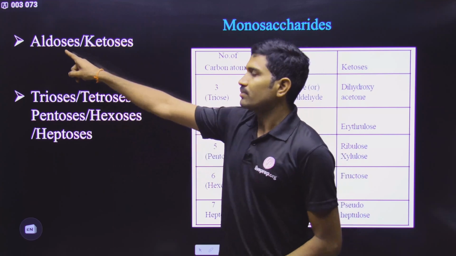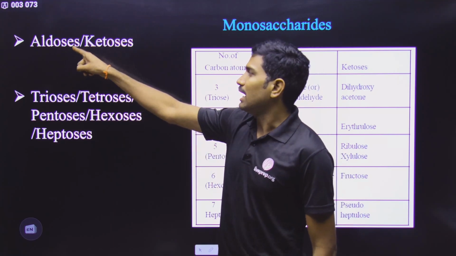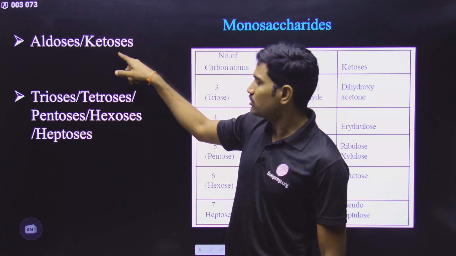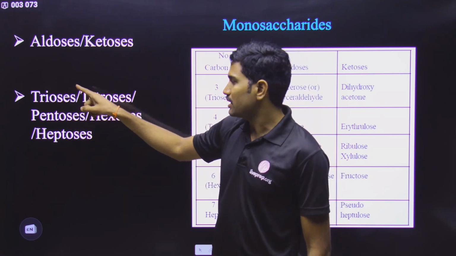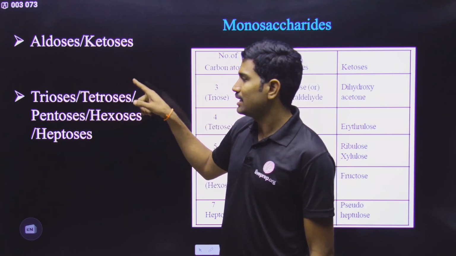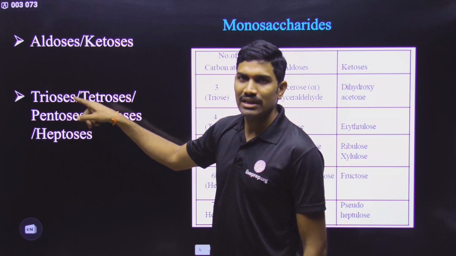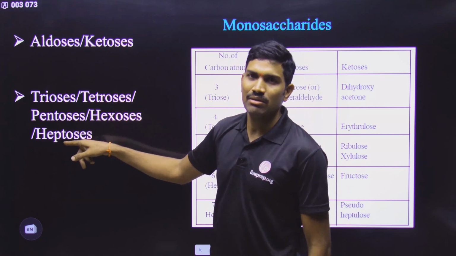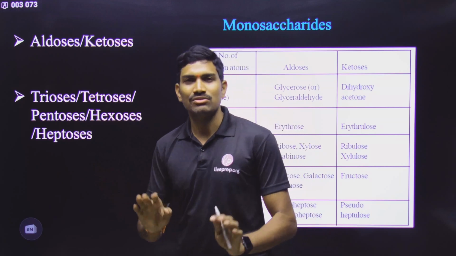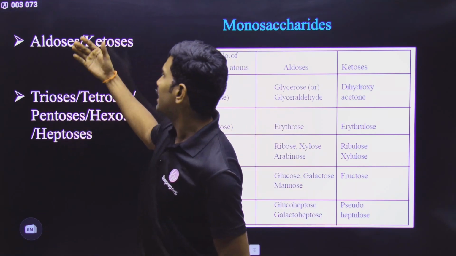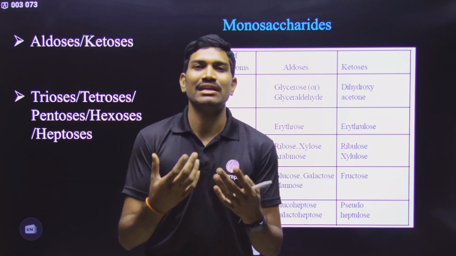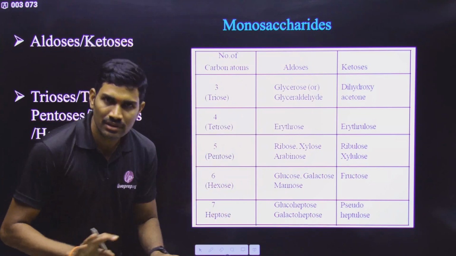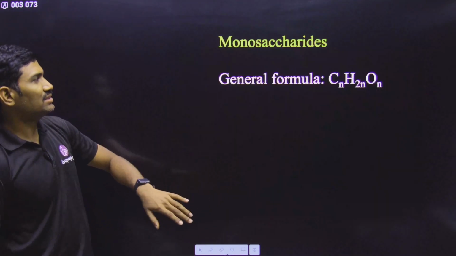Now here, based on the functional groups, aldehyde group containing are called aldoses, ketone group containing are called ketoses, and 3 carbon containing are trioses, 4 carbon containing are tetroses, 5 carbon containing are pentoses, 6 carbon containing are hexoses, and 7 carbon containing are heptoses. In this way, based on number of carbons and the type of functional group, different names we have given for these monosaccharides. Clear? With this basic information is completed.